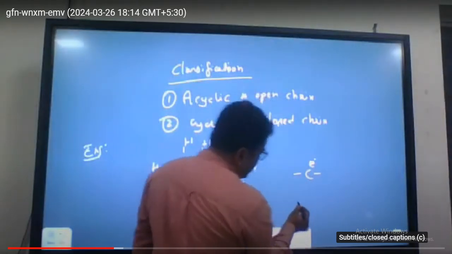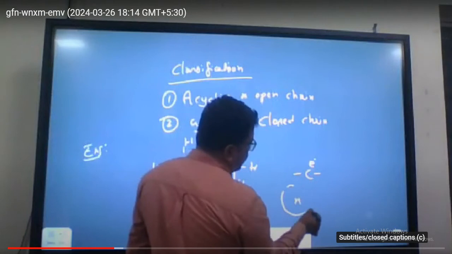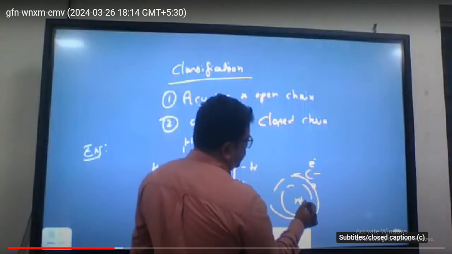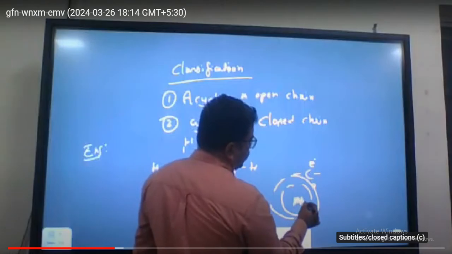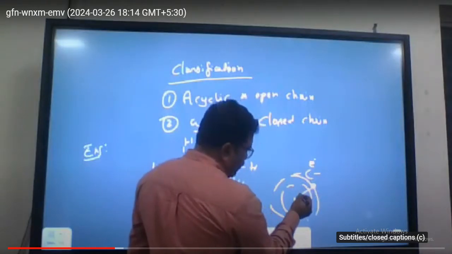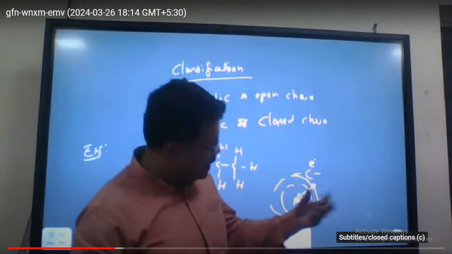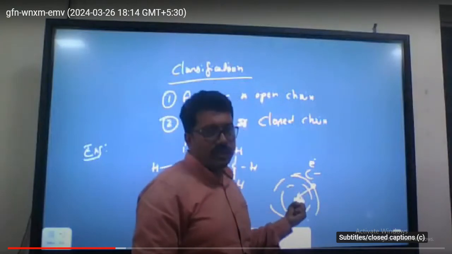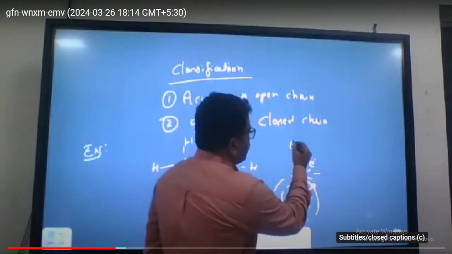See, this is a carbon atom with a nucleus, proton and neutron inside, and electrons around the nucleus. The capacity to hold an electron towards itself is called electronegativity.